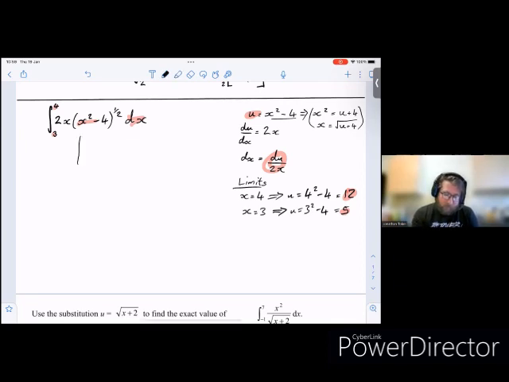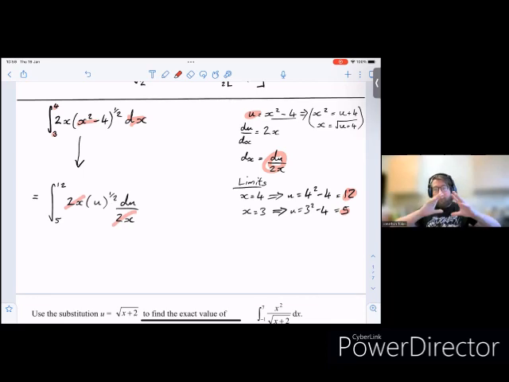So all of this becomes the integral from upper limit 12, lower limit 5. I'm going to leave this 2x there because, as I said, it cancels. So that's u to the half du over 2x. So that 2x there cancels with that 2x.